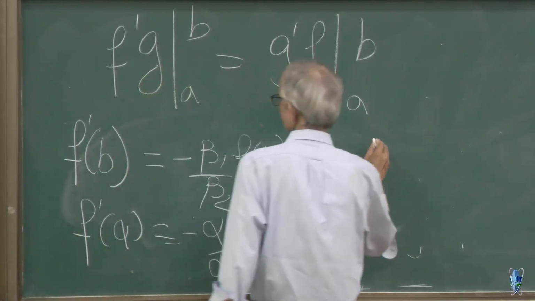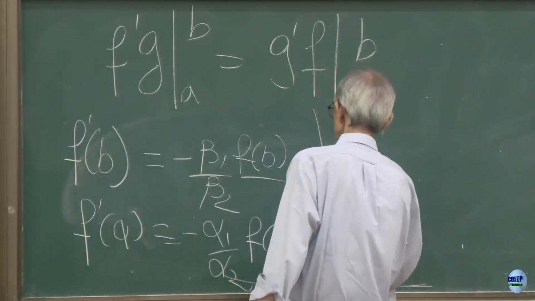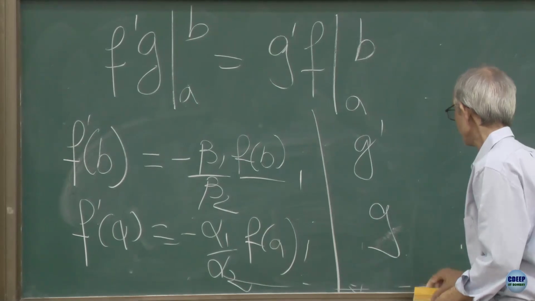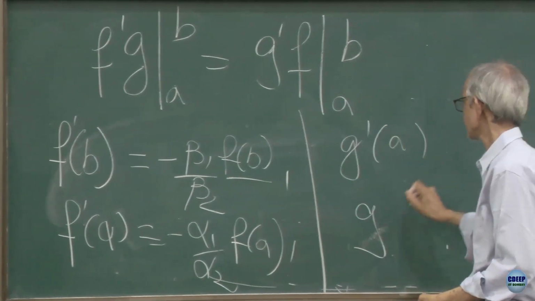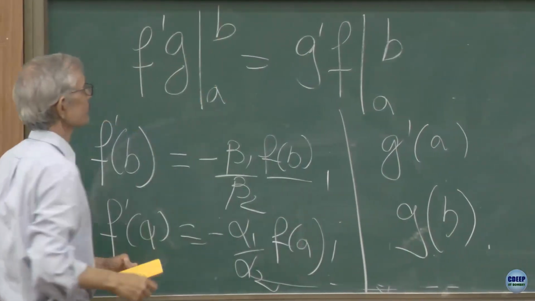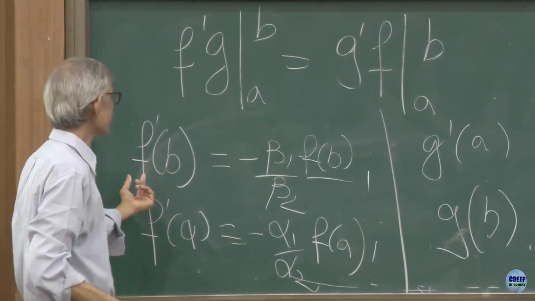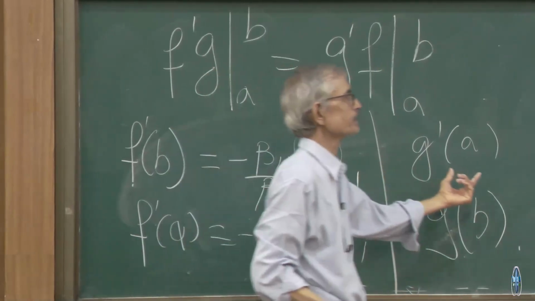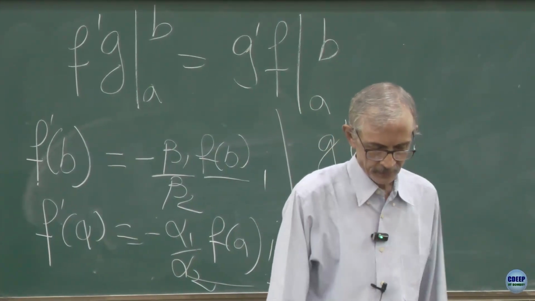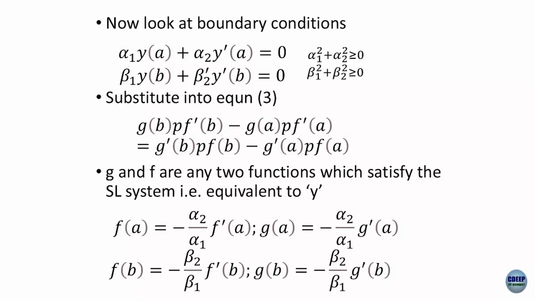Similarly, you can write the equations for G prime and G. Okay. So G prime at A and G prime at B are going to be expressions which are similar to this, because instead of F, I'm just going to replace it with a G. So that's what will happen. Again, decent amount of algebra.